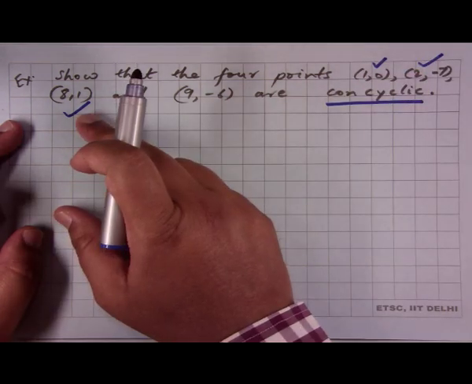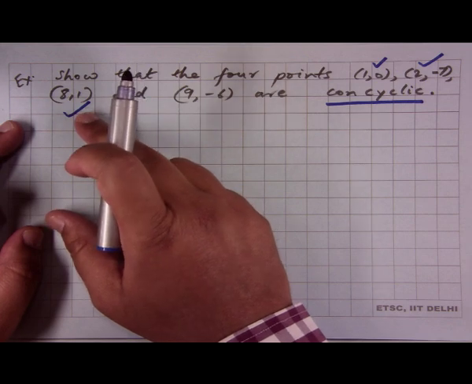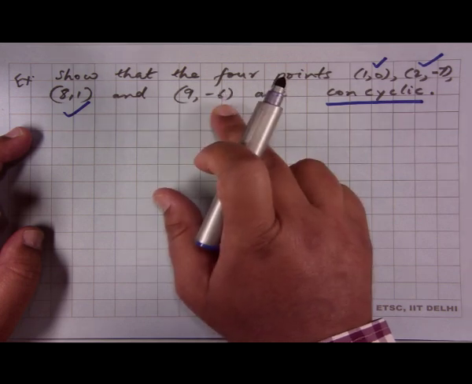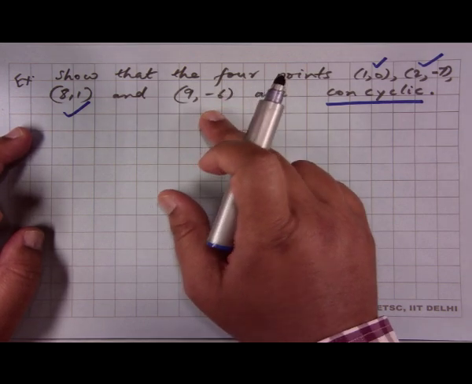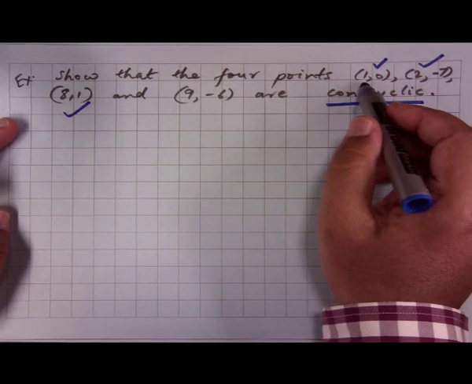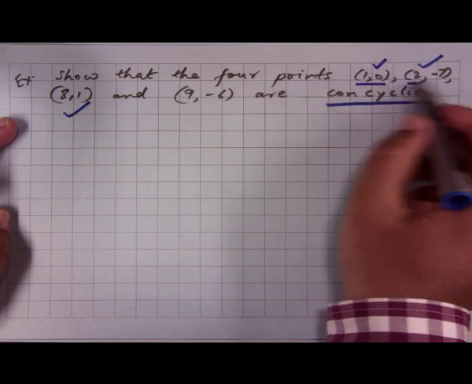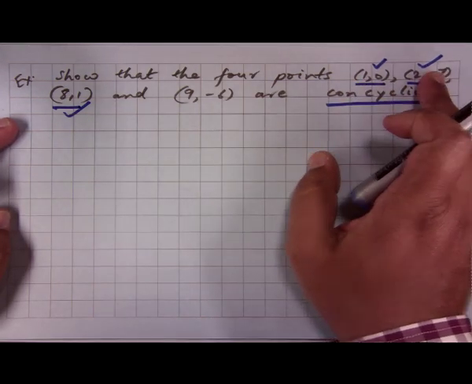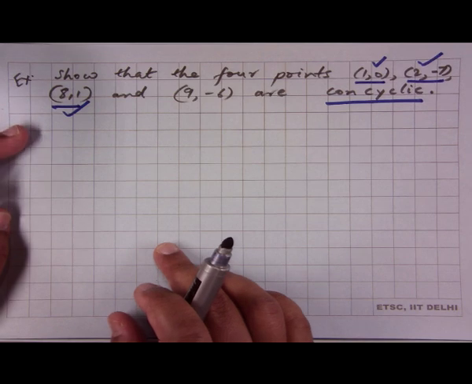Once we have the equation of that circle, we can simply check whether the fourth point here lies on that circle or not. So, the first step is to find the equation of a circle which passes through these 3 points.